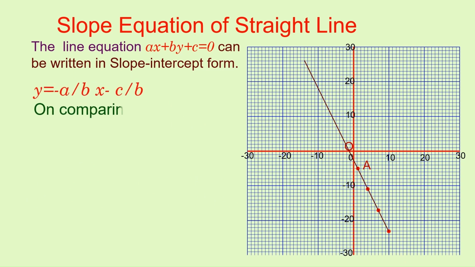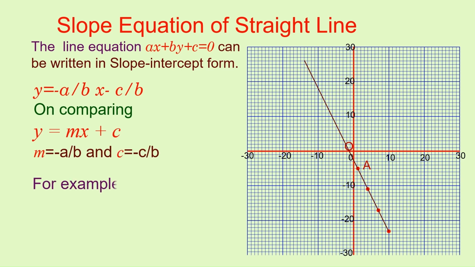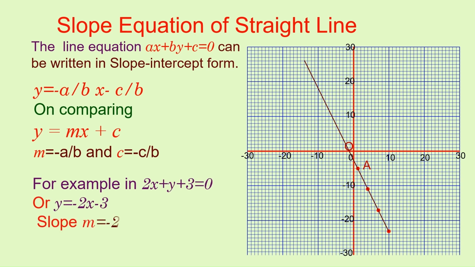On comparing with y equals mx plus c, m equals minus a divided by b, and c equals minus c divided by b. For example, in 2x plus y plus 3 equals 0, slope m equals minus 2, and c equals minus 3.